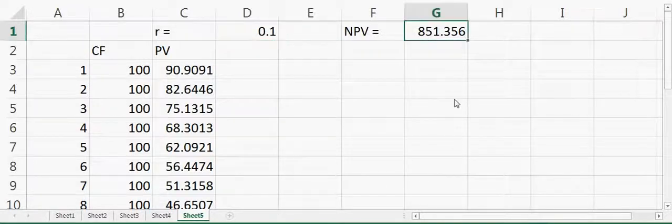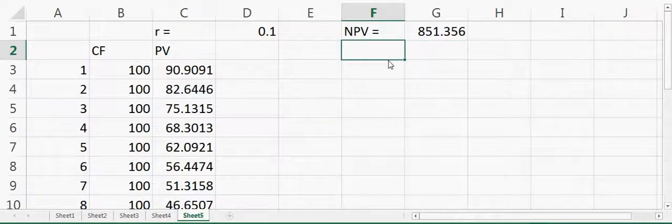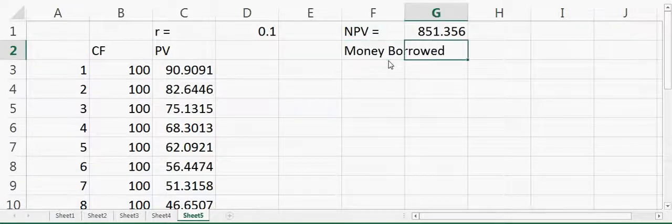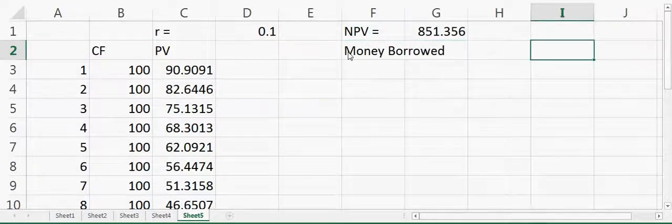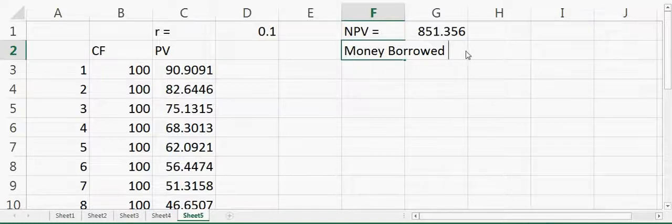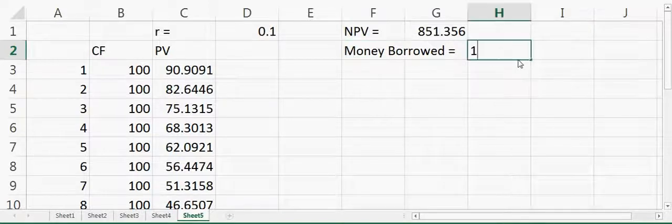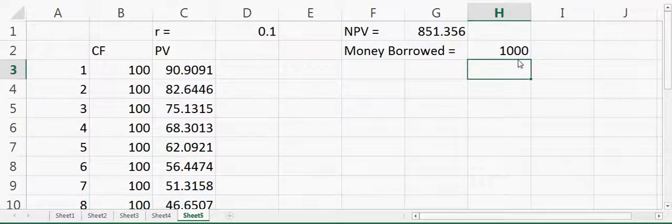Let's say the money borrowed is $1000. Somebody borrows 1000 from you. How much payment should he make every year for the next 20 years? How will we go about it?